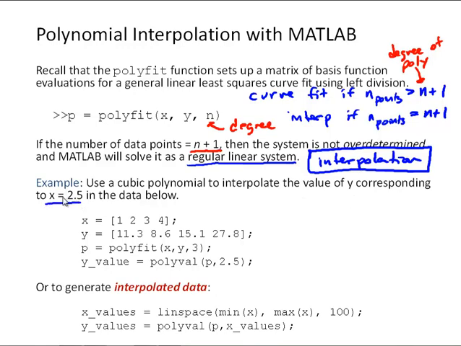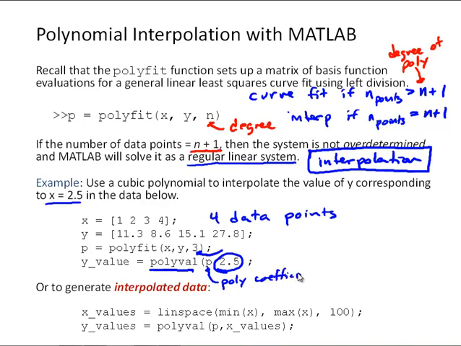So here's an example using a cubic polynomial to interpolate the value of y corresponding to x equals 2.5. So here's 4 data points, which is what we need for a cubic interpolating polynomial. Then we'll call polyfit with a 3 for the cubic, and then just use the polyval function to calculate the value at x equals 2.5 using those polynomial coefficients that output from p.